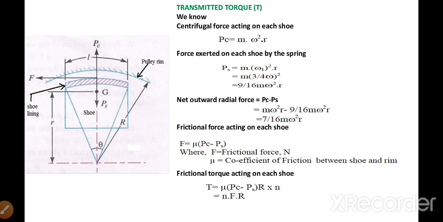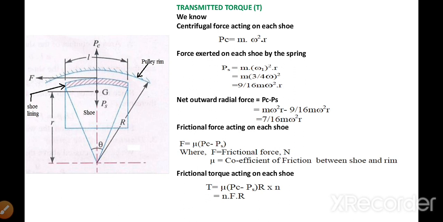If we assume mu to be the coefficient of friction between the clutch shoe lining and pulley rim, then simply multiplying mu with the net radial outward force, that is Pc minus Ps, you will get the magnitude of this frictional resistance, that is F. Now if we multiply this frictional resistance F by the radius of the pulley rim, you will get the torque transmitted because of the frictional resistance.